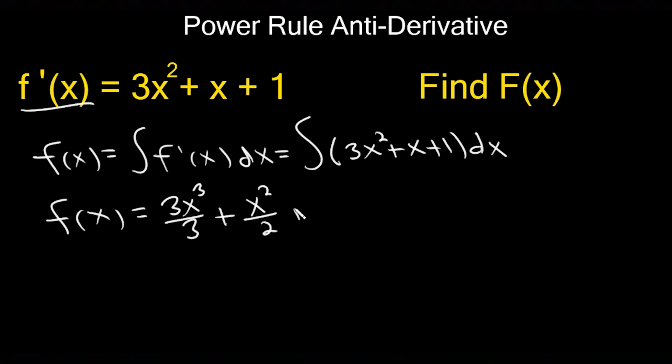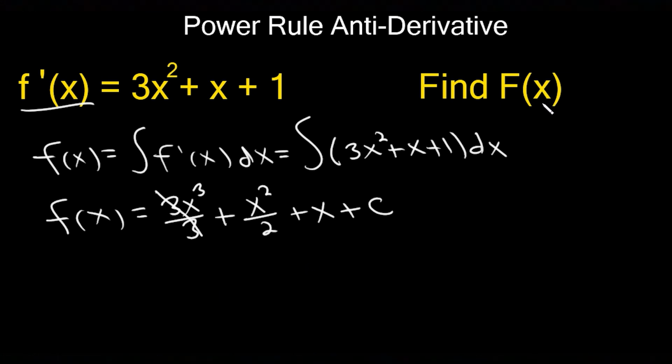And then we have plus x, right? Because I have a 1 here. That's my constant. So technically it's 1x or x. And then don't forget about your constant of integration. So plus c. Okay. So I know that the 3's will cancel here. So I'm left with x cubed. And there we go.